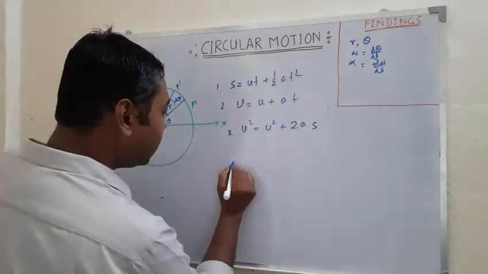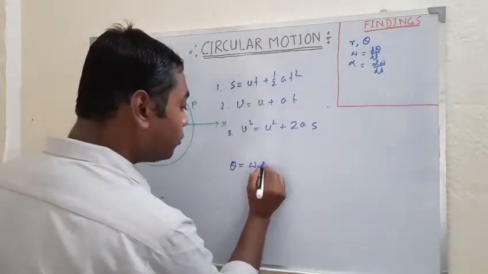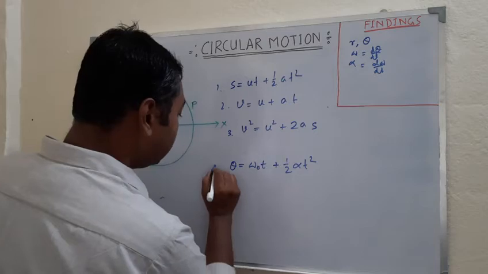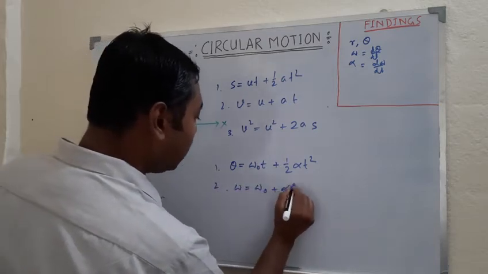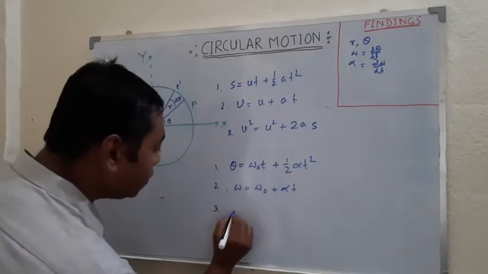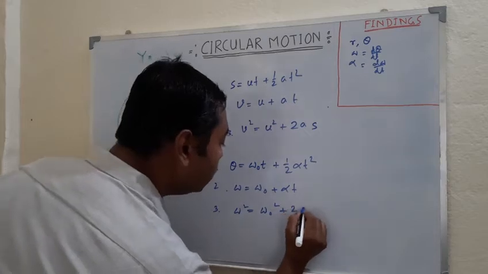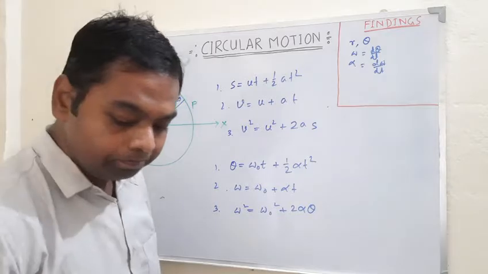So we can write that theta equals omega naught, which is the angular velocity at t equals 0, times t, plus half alpha t squared. Second equation is omega equals omega naught plus alpha t. Third equation is omega squared equals omega naught squared plus 2 alpha theta. I hope it is clear.